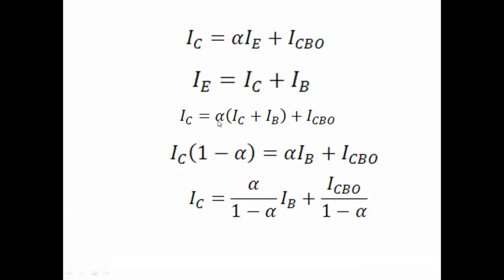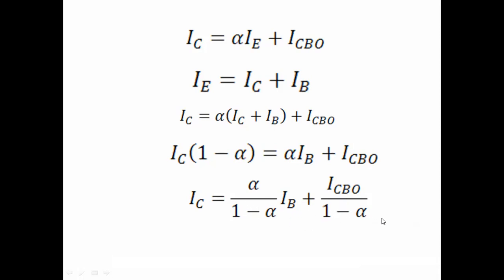Taking the IC terms to the left side, IC into (1 minus alpha) equals alpha IB plus ICBO. Dividing by 1 minus alpha on both sides, we get IC equals alpha by (1 minus alpha) into IB plus ICBO by (1 minus alpha).